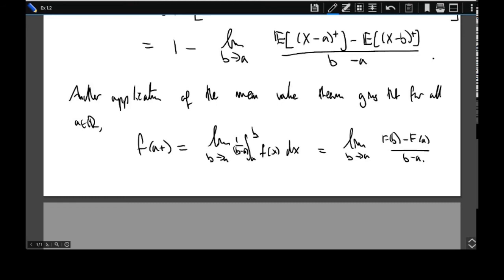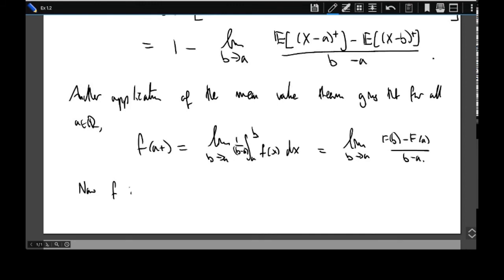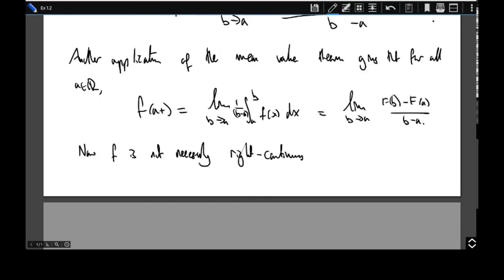The problem is little f, the density, is not necessarily right continuous. So capital F is by definition, little f need not be.